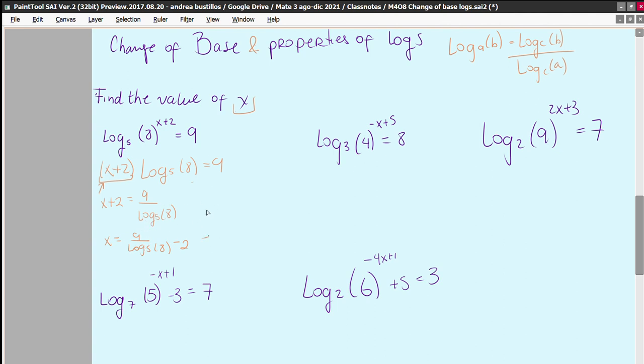So this can be rewritten as x equals, I'm going to change it into base e. Here's the formula, if you don't remember it: logarithm of the new base of the new argument, over logarithm of the new base of the previous base. So what I did here is just apply a change of base to the logarithm in the denominator.